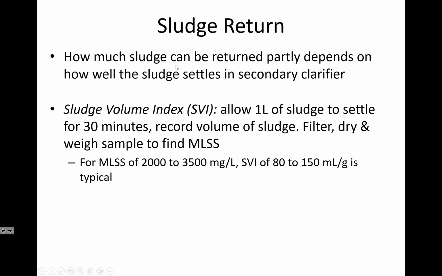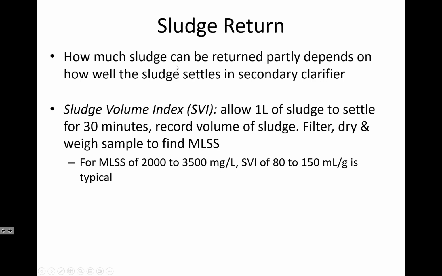Type 1 assumes that you've got spherical particles that don't interact with each other as they're settling downward, and Stokes' equation is used to model type 1 settling. Type 2 settling is flocculated settling, where as the particles are settling downward, they may collide, become larger, and settle even faster. So type 3 settling is that the particles are interfering with each other.